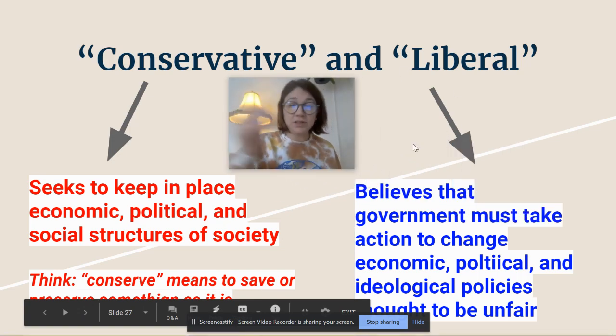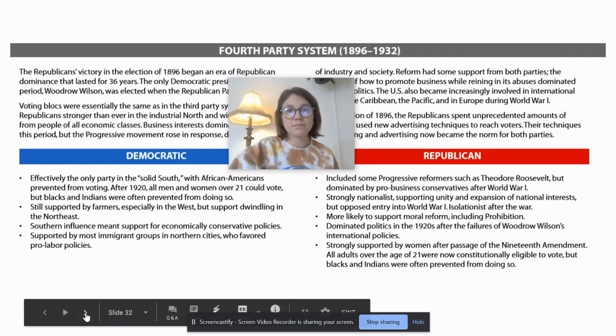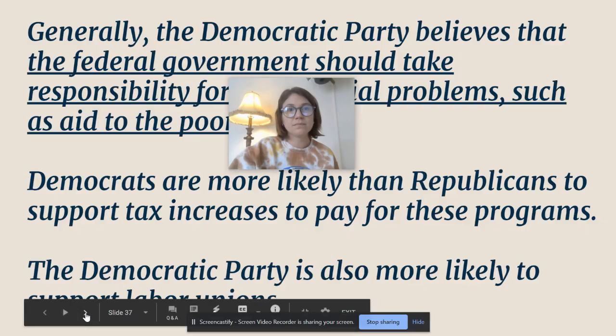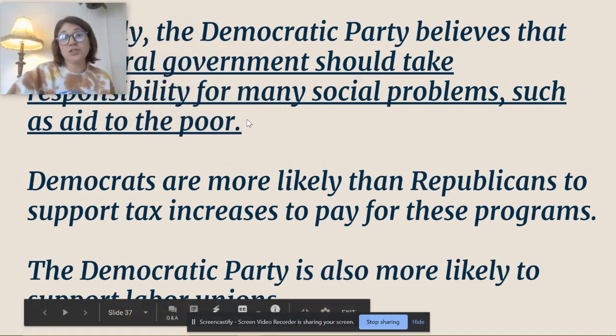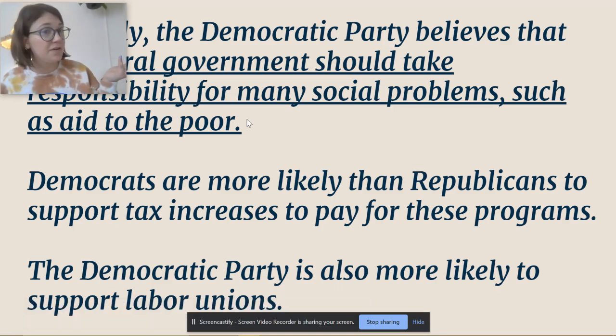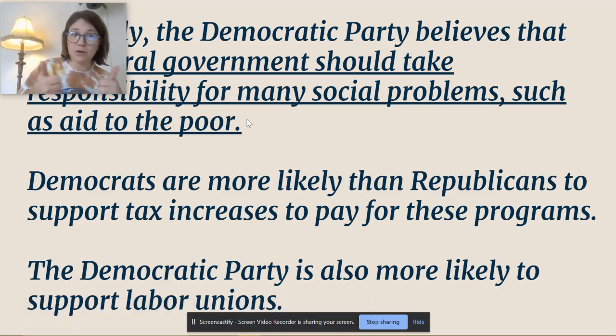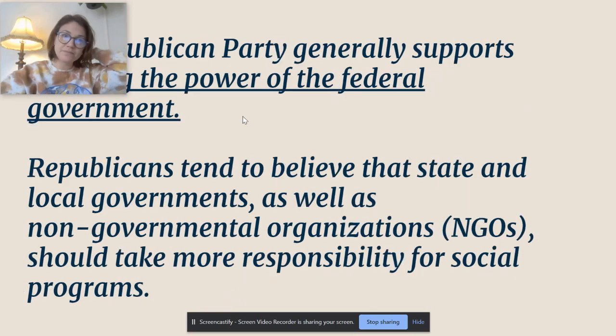We should be using government to make change in society. Democrats are more likely than Republicans to support tax increases to pay for these programs, right? If we're going to use government to fix society, we've got to pay for it, so cough up that tax money. And the Democratic Party is also more likely to support labor unions.